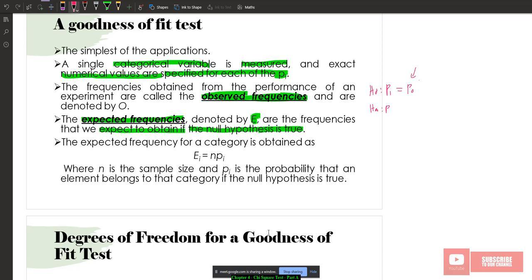The alternative hypothesis: the probability of category 1 is not equal to p naught. This is the hypothesis for goodness of fit. The expected frequency of a category can be calculated by n multiplied by p, where n is the sample size and p is the probability of success, the probability that we are interested in studying.